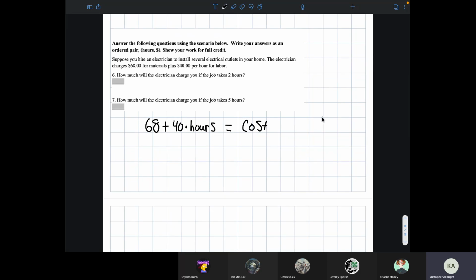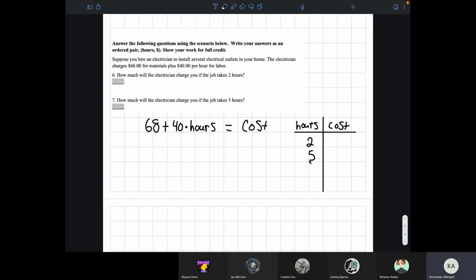So what we do for this is we just plug in 2 for hours. And if we do this in a table of values style, then we draw our little table and we do hours and cost. So we're going to plug in 2 hours for the first one, and it looks like 5 hours for the second one.